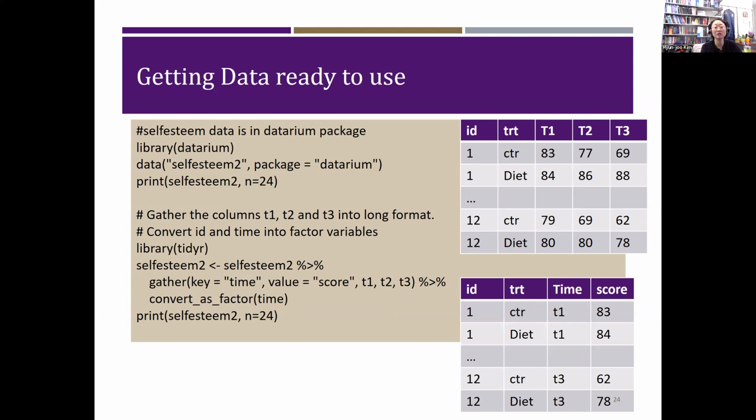The actual self-esteem values will be in the new column called score. Again, we can print this new data, as seen in the bottom table. Now the data is in long format having time and score variables, and we will use this format for our analysis.